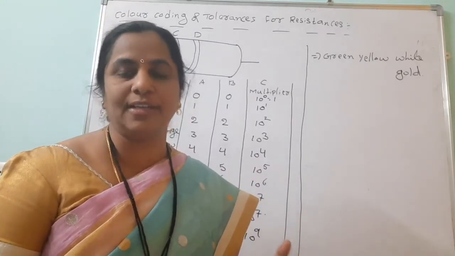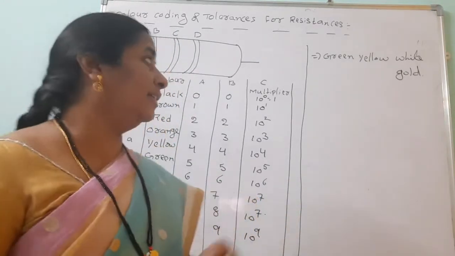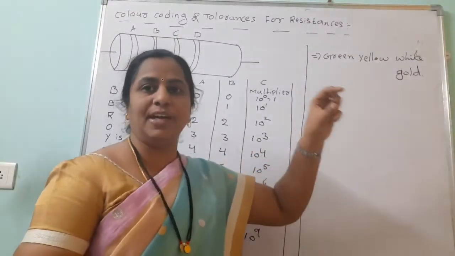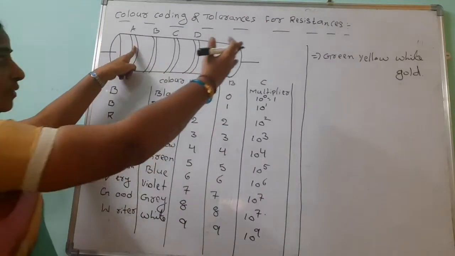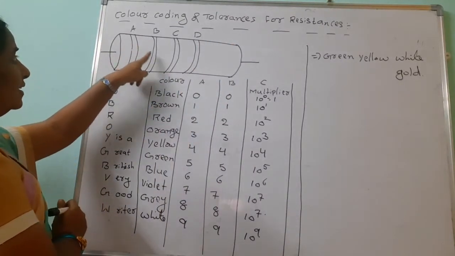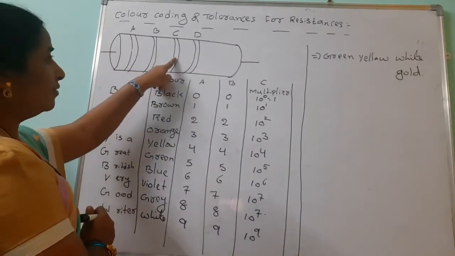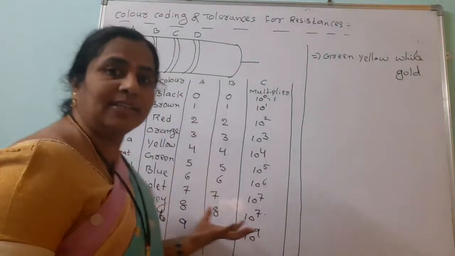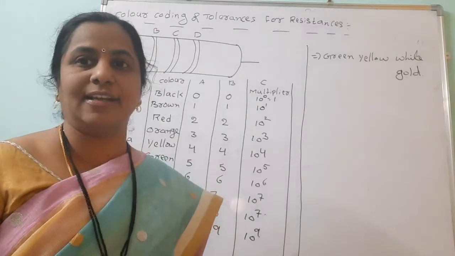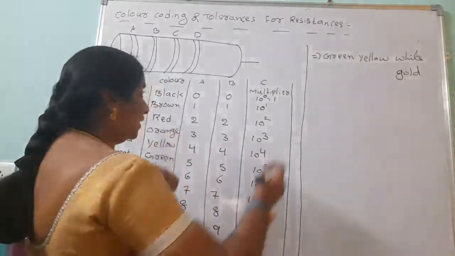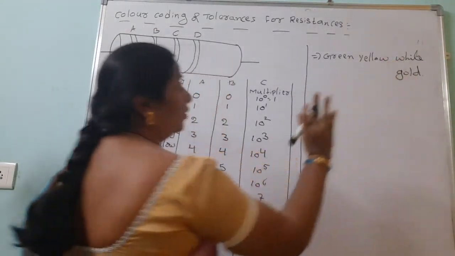If there is no color, that error is 20%. Here the strips are green, yellow, and white, and the last one is gold.